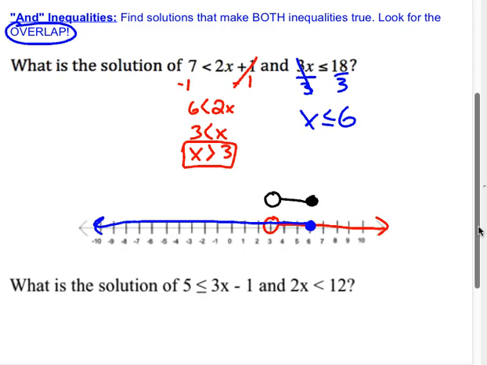So the black, this is my actual solution right here, okay? Then, of course, written out, you have both of those pieces. But on the graph, you need to highlight that black section for me, okay? That is really the only solution for the and. The overlap is it, okay?